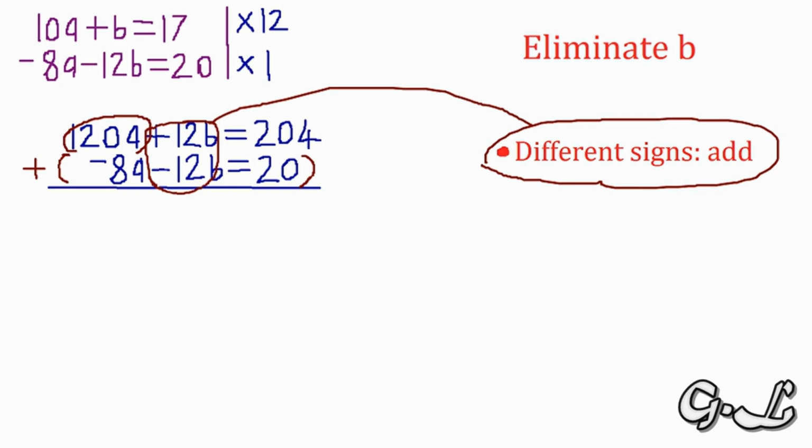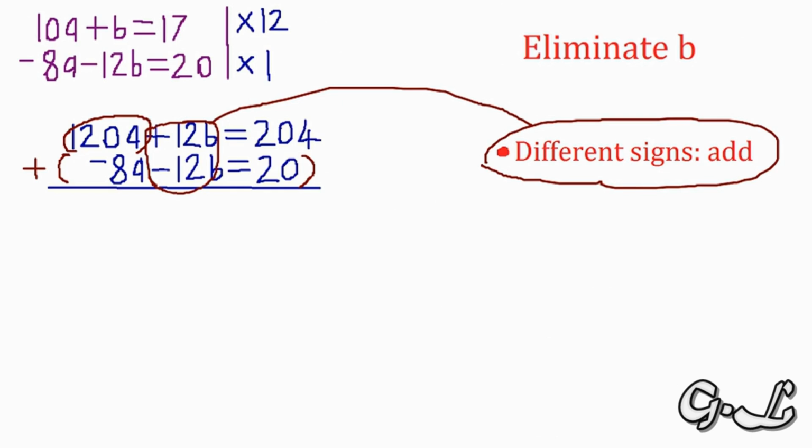Again, we're going to pick an equation, either equation 1 or equation 2. We're either going to pick 10a plus b is equal to 17, or negative 8a minus 12b is equal to 20.